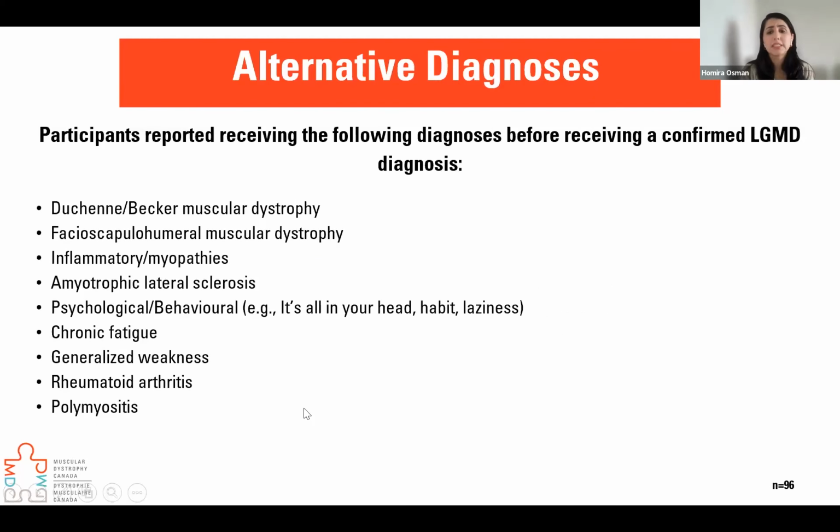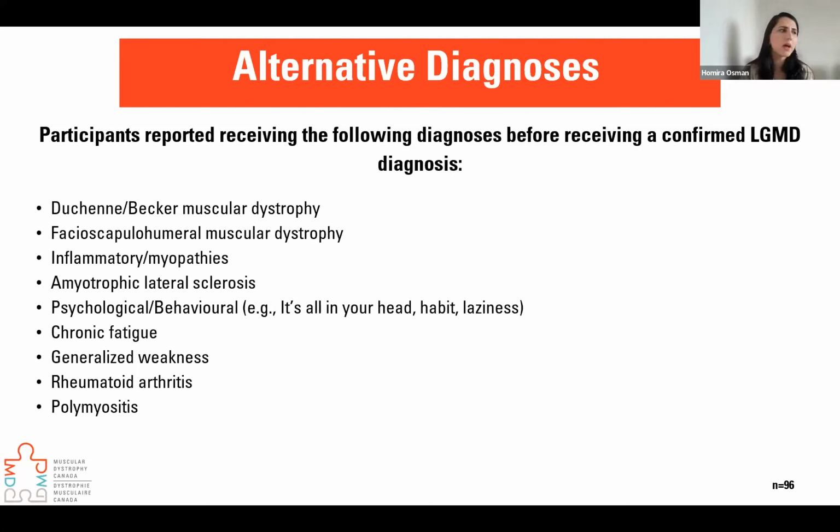Oftentimes people received misdiagnoses, just like when we spoke about at the beginning around what was the rationale for doing this work. What was that reason? The intention here is because there are misdiagnoses, and as we expect and as it's in the literature, Becker muscular dystrophy really came up often, FSHD came up, myopathies, chronic fatigue, rheumatoid arthritis, polymyositis.